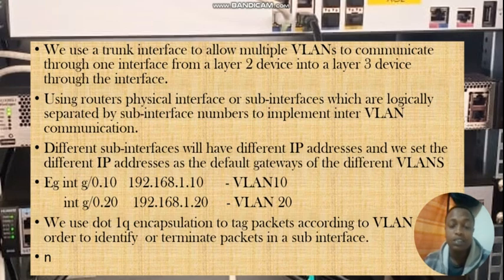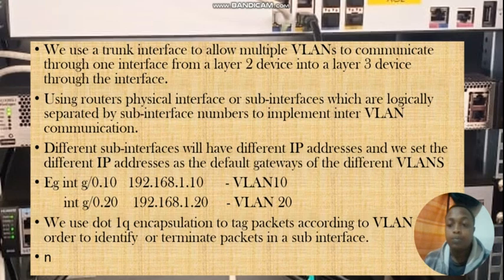Then you divide it into sub interfaces, which are logically separated by sub interface numbers, or VLAN numbers, and this will basically help you to implement inter-VLAN communication. Now different sub interfaces or interfaces, according to what you have, will have different IP addresses, and we set the different IP addresses as the default gateways for the different virtual local area networks.